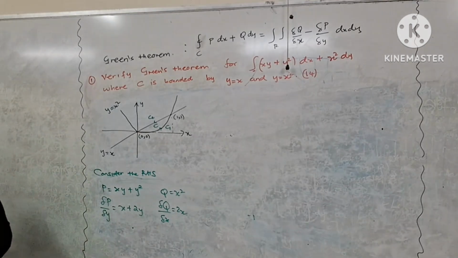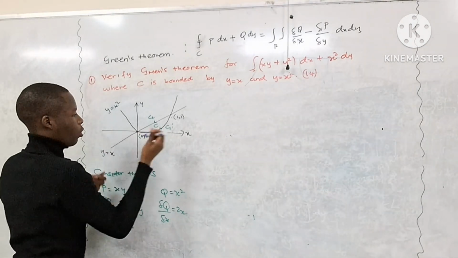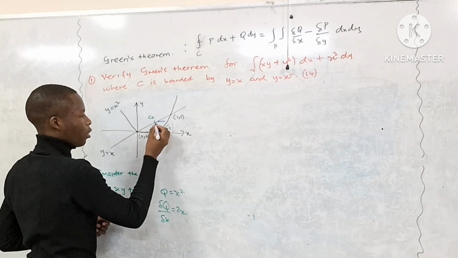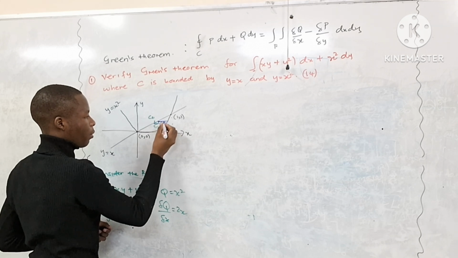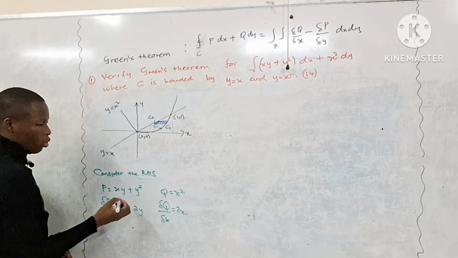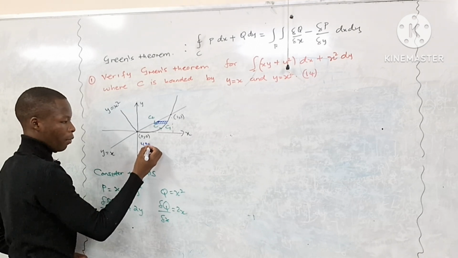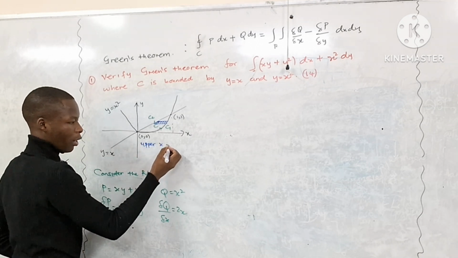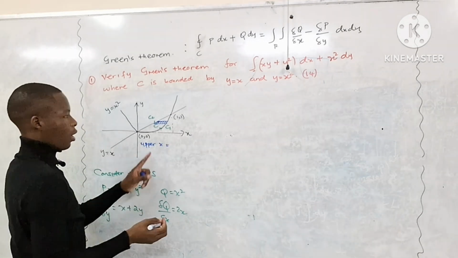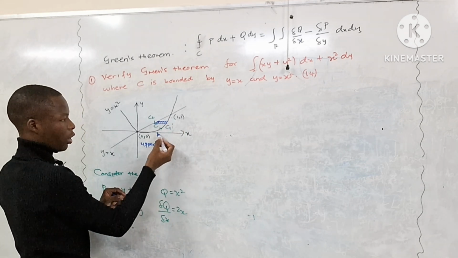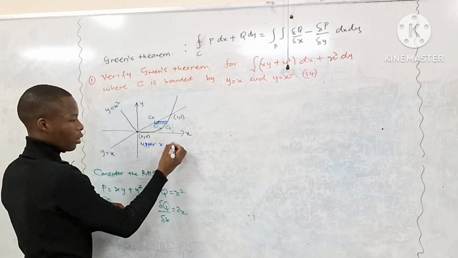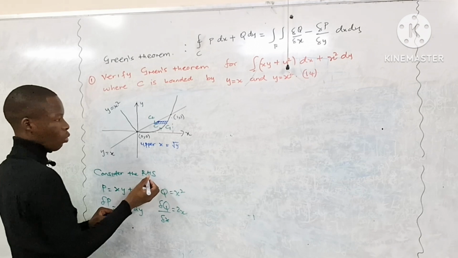So I am going to use a horizontal strip. This is the horizontal strip that I'm going to use. The upper limit for x is root y.